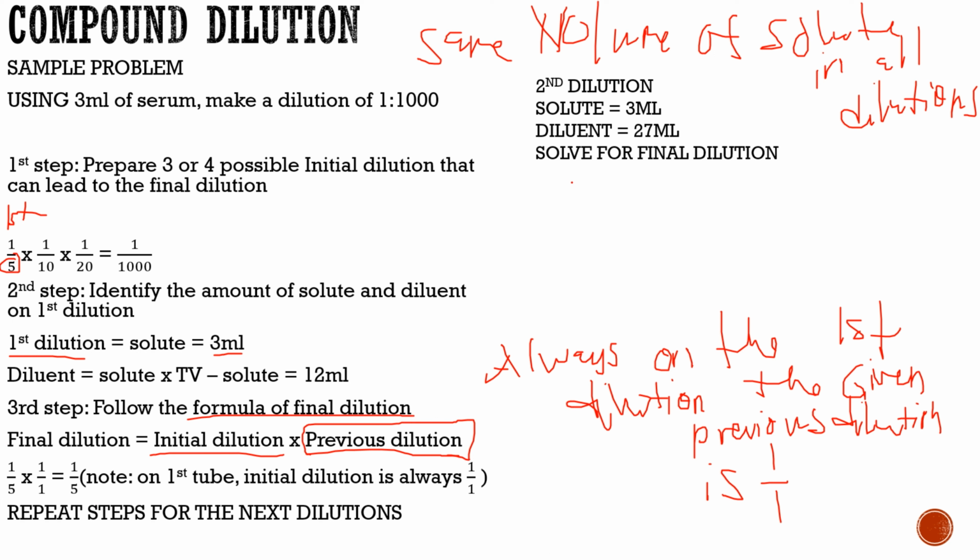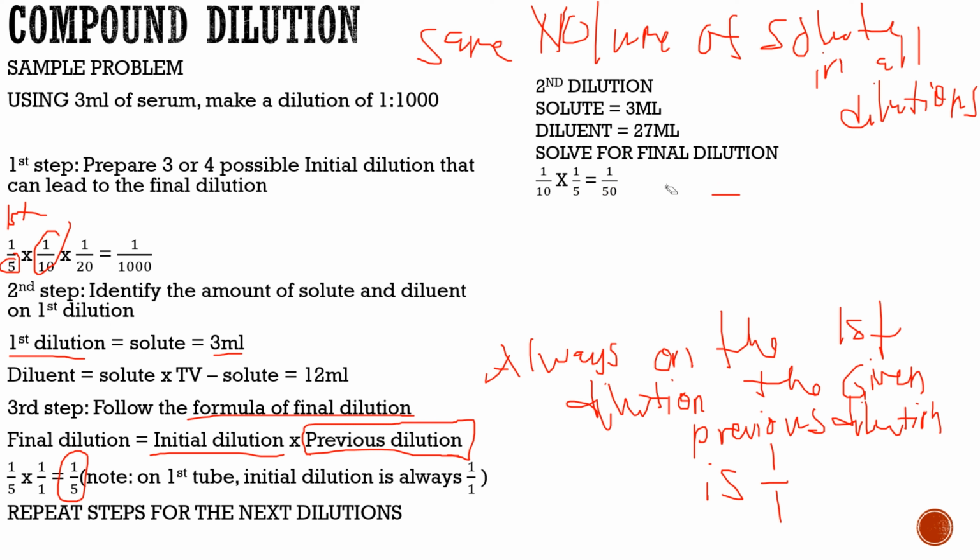Then proceed ka na sa solving for the final dilution. Again, for the final dilution, yung initial dilution times the previous dilution. In this case, ang initial dilution mo for tube number 2 is 1/10. And then this time, may previous dilution ka na. Saan mo kukunin yung previous dilution mo? Dun sa first dilution mo, which is 1:5. So, 1:50. Ayan siya.